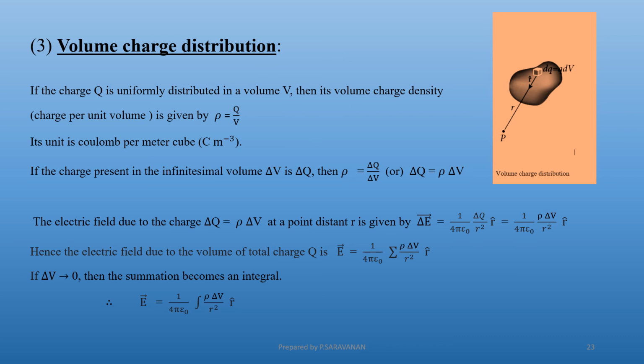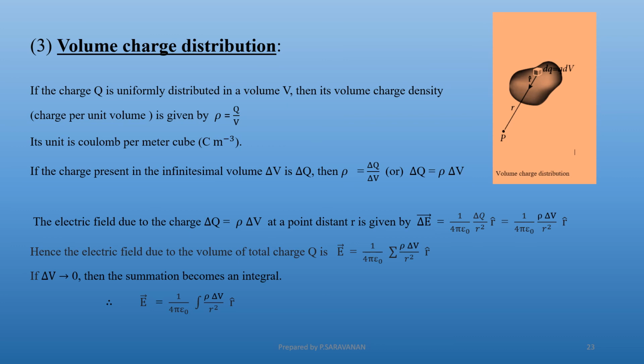Hence, the electric field due to the volume of total charge capital Q is given by E vector is equal to 1 by 4 pi epsilon naught into sigma rho delta V by r square into r cap, where sigma is the summation of all elementary charges rho delta V over the entire volume.